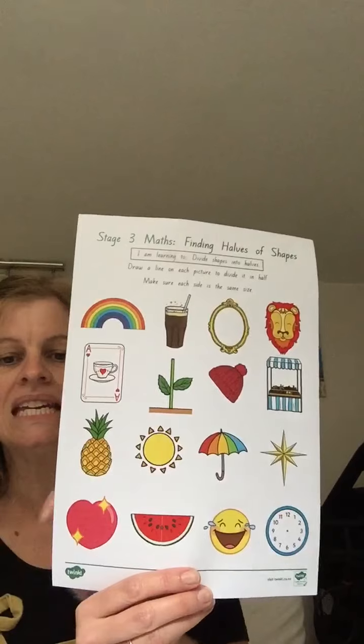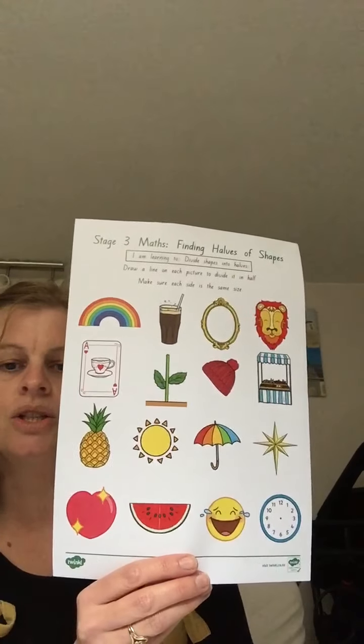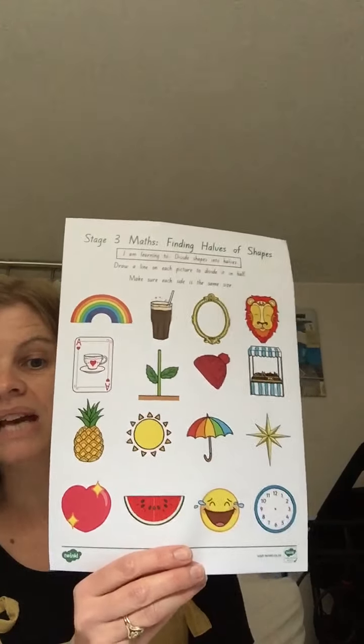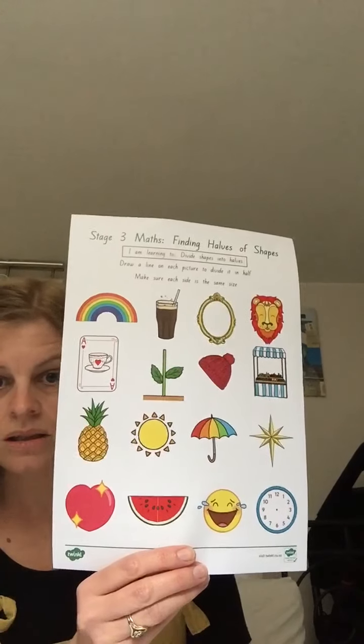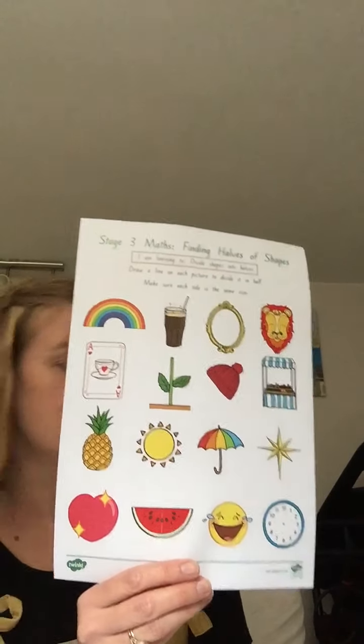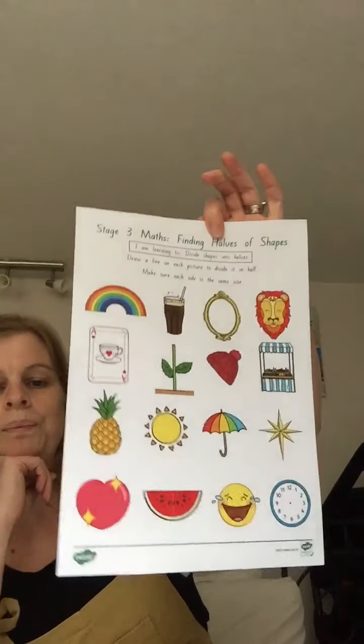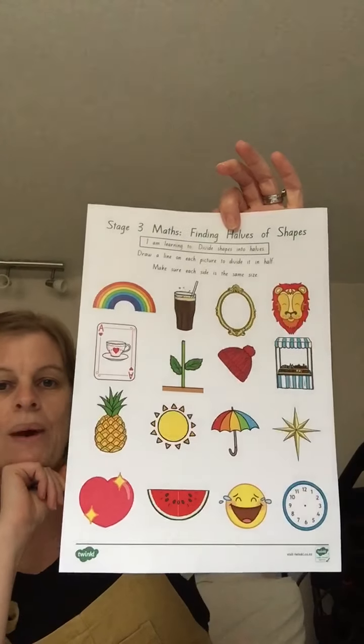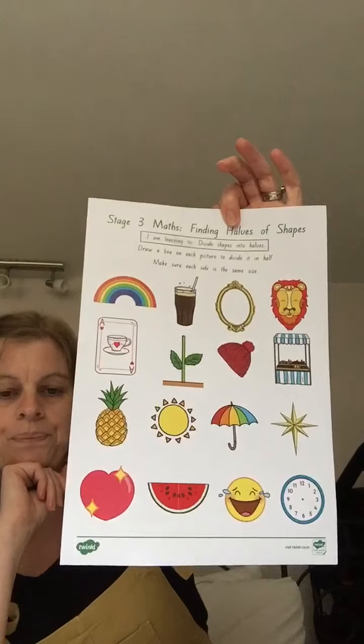So some of these, if you were to put them in half, it would be different. They would be different on each side, whereas when we did our drawings, the ones that are in half, they are exactly the same on each side. They're equal, they're in equal parts. So that's a bit of a challenge for Year 1 children to have a go at if you can.